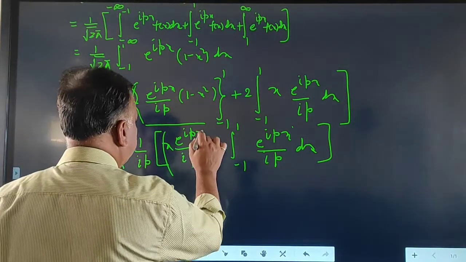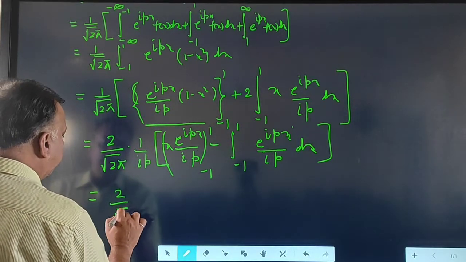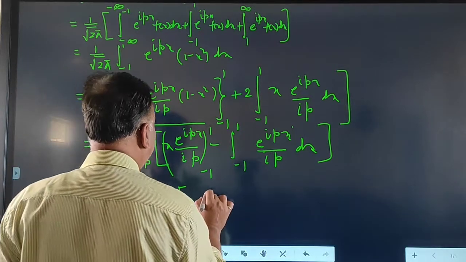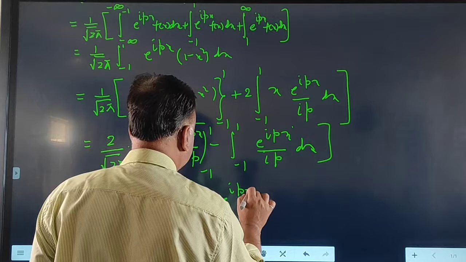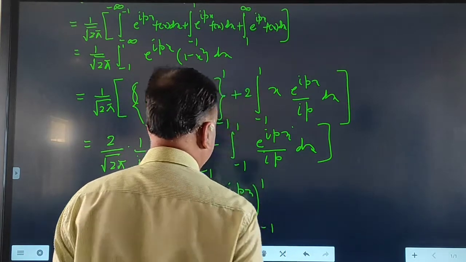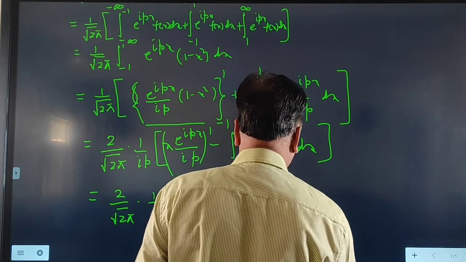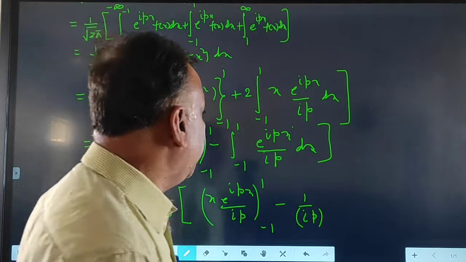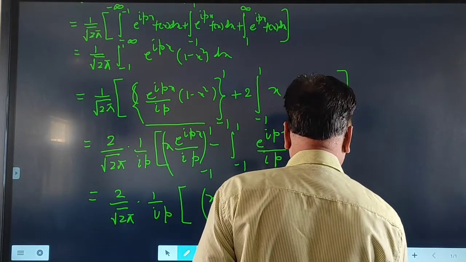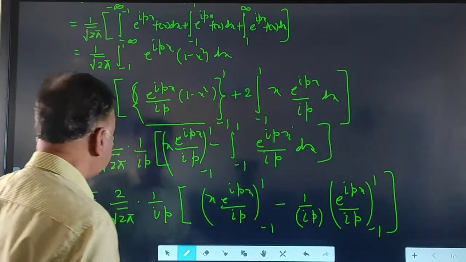So this is equal to 2 upon root 2 pi into 1 upon iota p, x e raised to iota px upon iota p with limits from minus 1 to 1, minus 1 upon iota p. Now the integration of e raised to iota px is e raised to iota px upon iota p, and the limits are from minus 1 to 1.